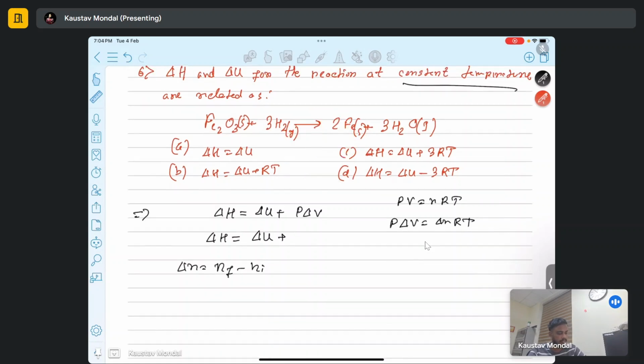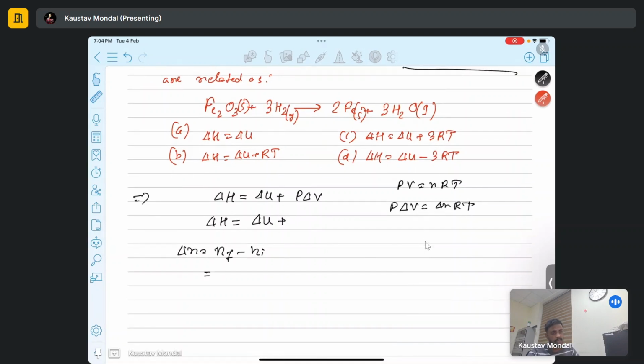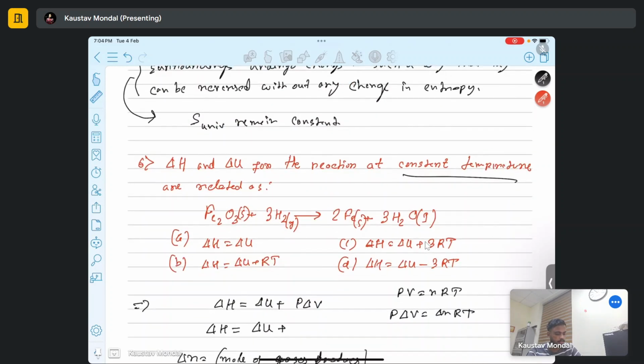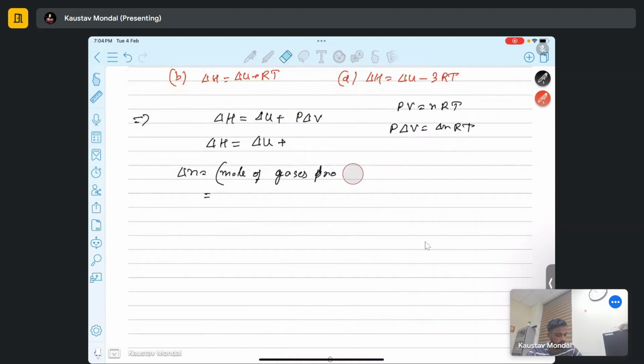So delta N, the change in moles, is only applicable for gas. Delta N will be moles of gaseous products minus moles of gaseous reactants. The moles of gaseous products is 0, because there is no gas product on this side.